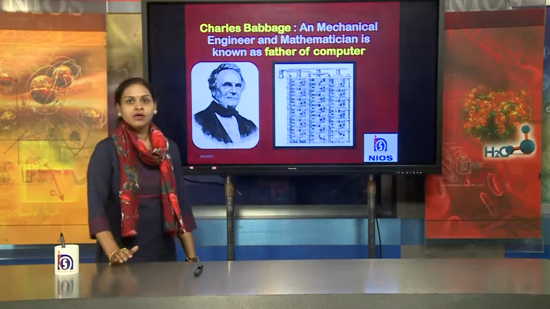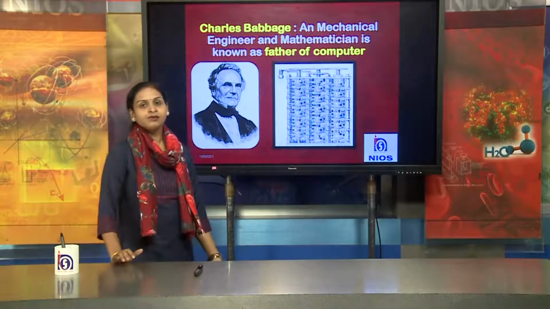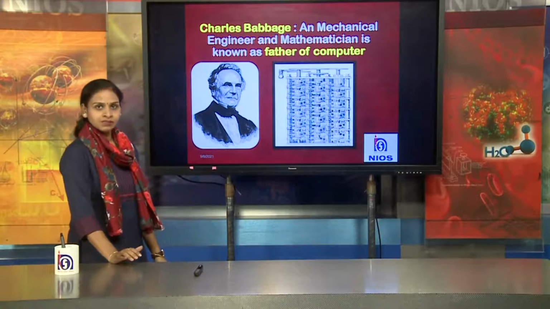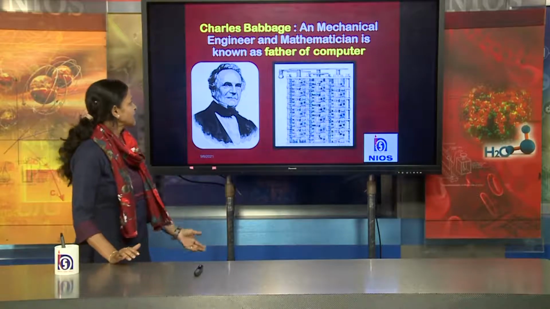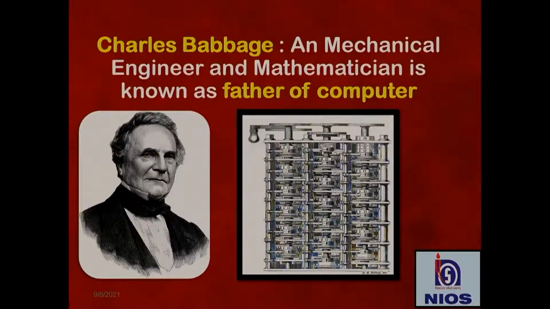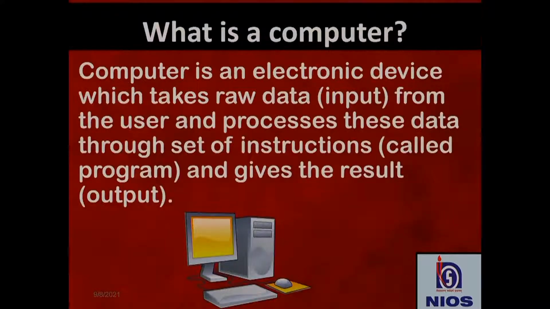So, moving to the next slide, you all must be knowing about Charles Babbage. He is a mechanical engineer and mathematician, and he is known as the father of computer. Now we are going to discuss what a computer is.